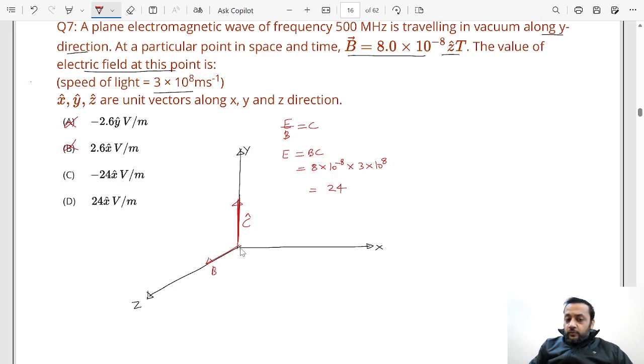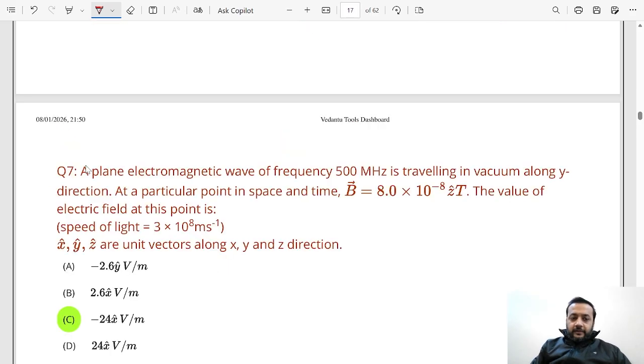If you take electric field along the positive x, then E cross B will point in the negative y direction. But light is propagating in the positive y, which is why this cannot be right. Electric field must be in the negative x direction. So if you do E cross B, your thumb will point in the upward direction. That means C is the correct answer to this question. All right.